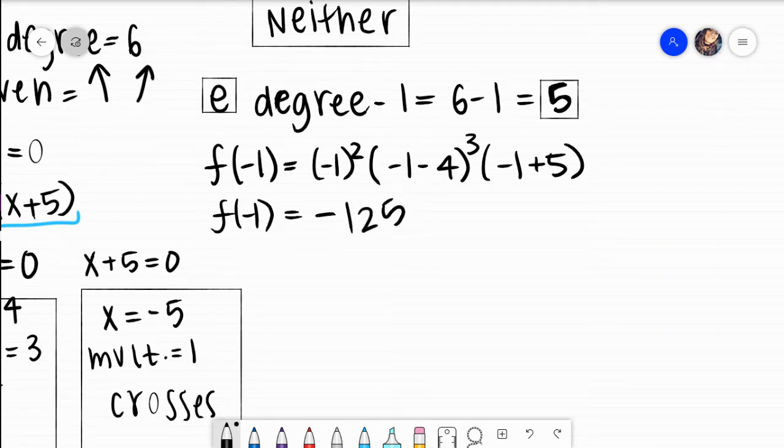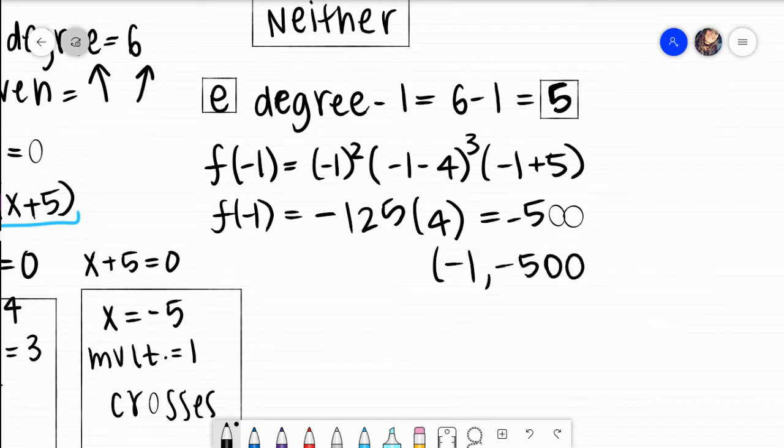And then if I look at -1 plus 5, signs are different, so I would subtract, and I just get 4. It's being raised to the 1st power. 4 to the 1st power is just 4. And now if you take 125 and multiply it by 4, you get 500. Those signs are different, so it is a -500. This is telling me that I have a coordinated point of -1, comma, -500.